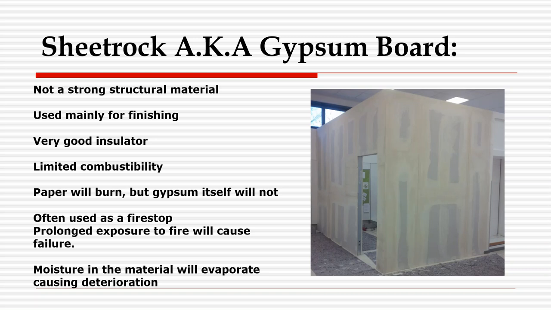We deal with this most everywhere. Every house fire, we have some form of sheetrock. You have sheetrock in your home. Not necessarily a strong structural material. It doesn't add a lot of structure, but it's mainly used for finishing. It's a very good insulator, and most often is used for forming part of your firewall.